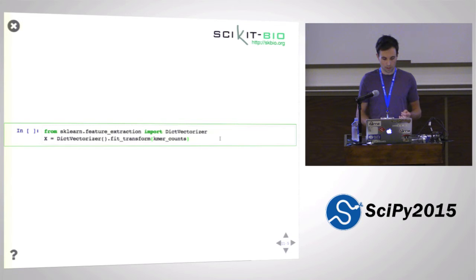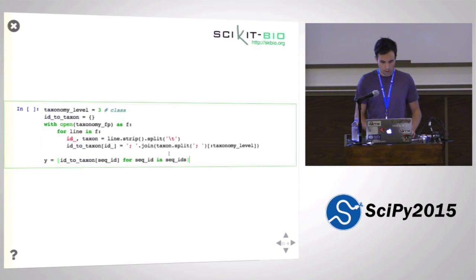The next step is to import some functionality from Scikit-learn that will convert that dictionary into a vector that it can consume. Next, we load in the known labels, or the known taxonomy. This is just some code to parse that file and get it into a structure that Scikit-learn can consume.